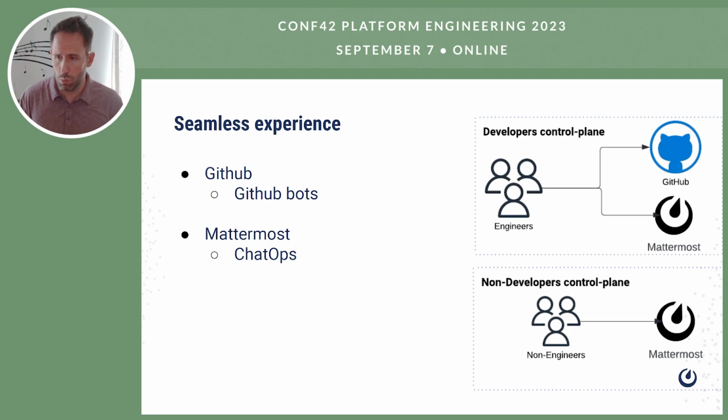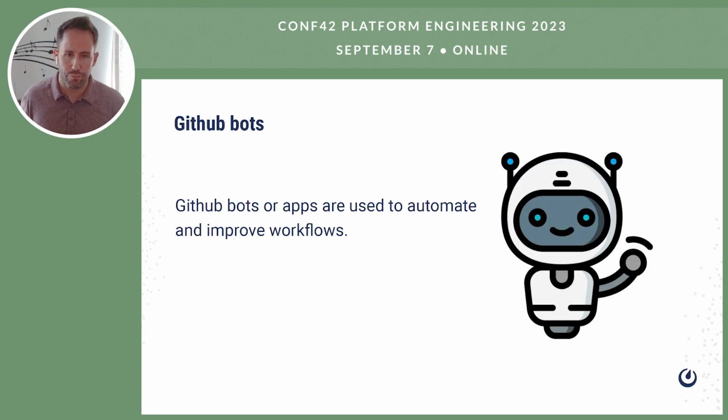But there is one more thing, which is GitHub, and we want to use the same interface as they had before. So we decided to use GitHub bots for GitHub, and for Mattermost to use the ChatOps model, which we're going to discuss in a few minutes. What is it? GitHub bots or apps are used to automate and improve workflows. It's a small service which runs and interacts with GitHub webhook events.